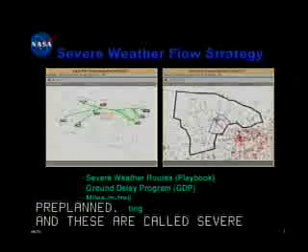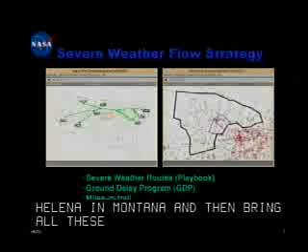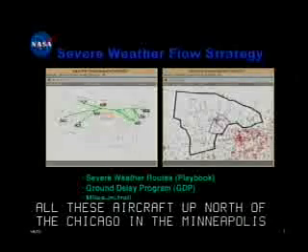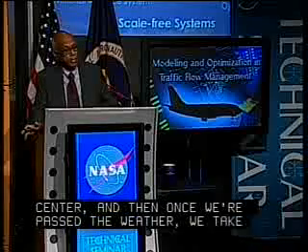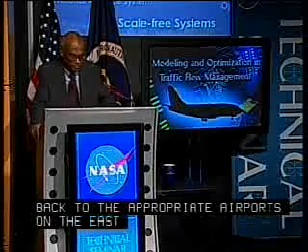In this case, we take all the flights originating from the West Coast to points in Sacramento, Helena in Montana, and Bryce, and then bring all these aircraft up north of Chicago in the Minneapolis center. Once we are past the weather, we take them back to the appropriate airports on the East Coast, to LaGuardia or JFK or to Dallas.